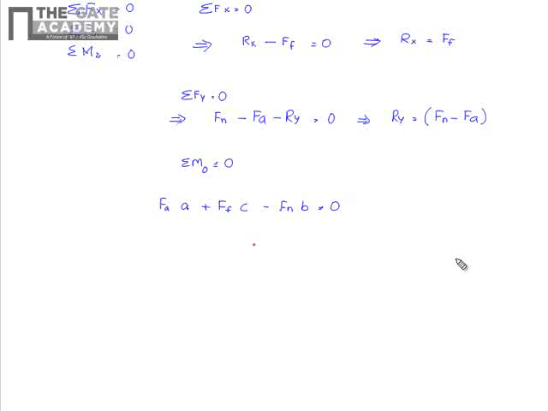Or we get Fa equals (Fn B minus Ff C) divided by A. So this will be my actuating force. And what is Ff in terms of Fn? We know that friction force is equal to mu times the normal reaction Fn.